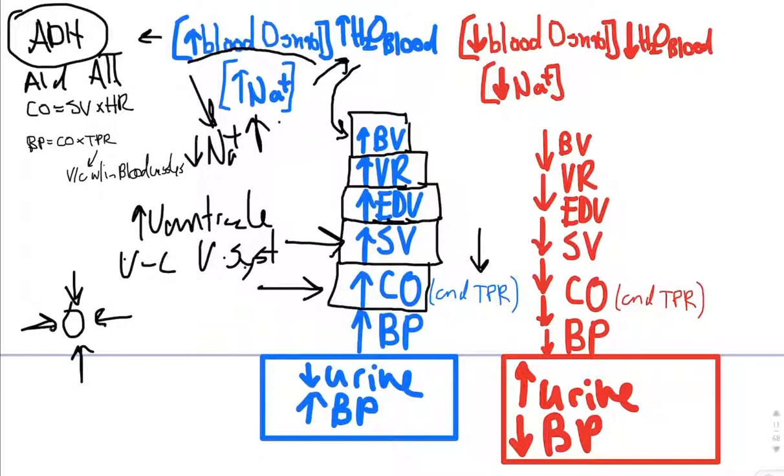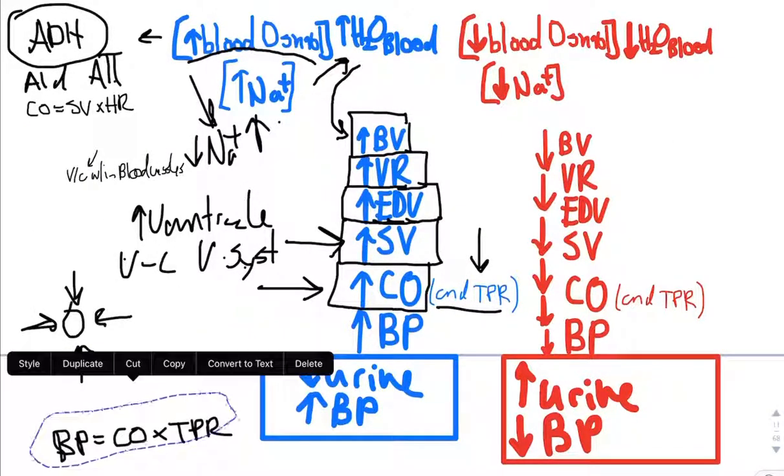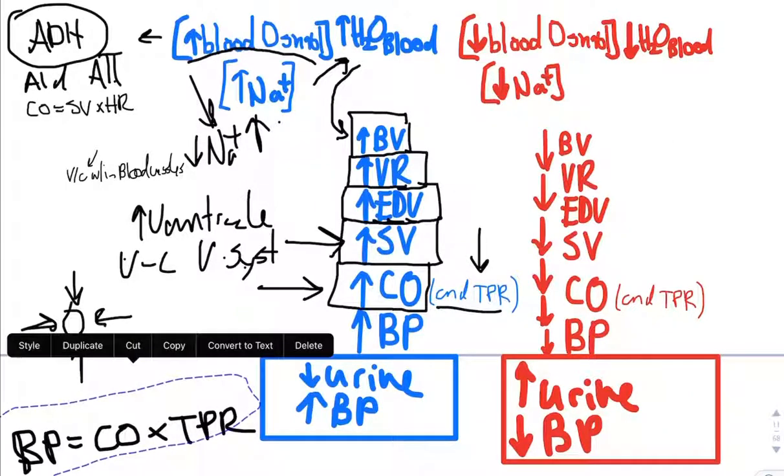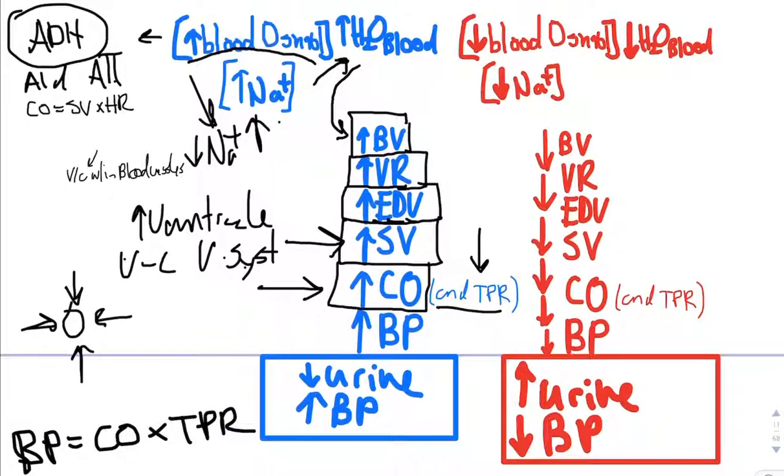And when I say vasoconstriction, that's going to cause the increase in total peripheral resistance, but this is more about the blood volumes. So when you increase all of these, if we look back at that first formula, it's going to increase our blood pressure.